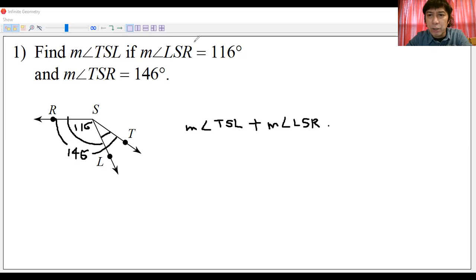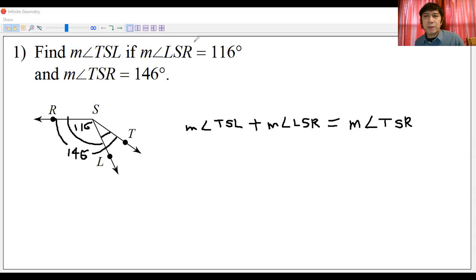Here's the working equation, and this must be equal to the measure of the other angle TSR, the largest. This is the working equation, and this is known as the angle addition postulate.